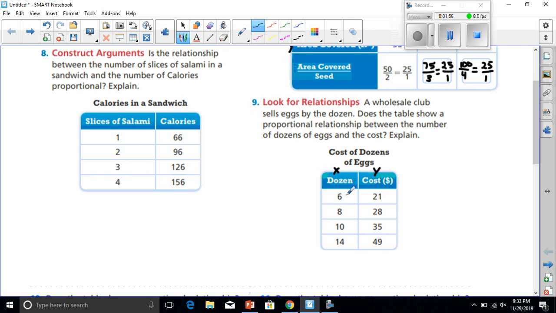And so the first one is going to be 21 over 6. The second one would be 28 over 8. The third one would be 35 over 10.